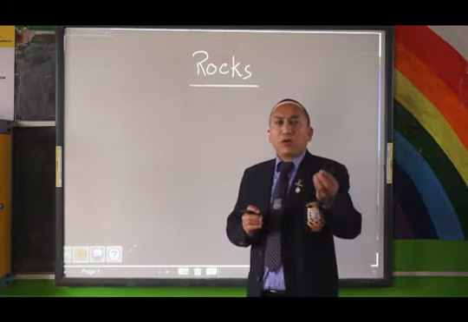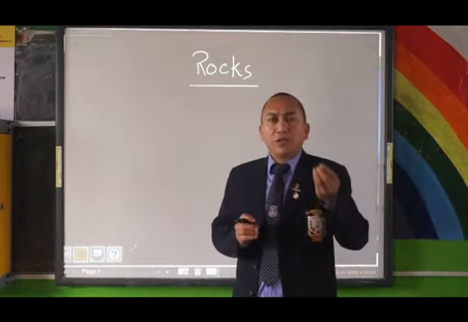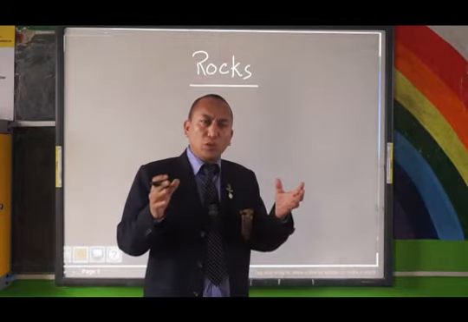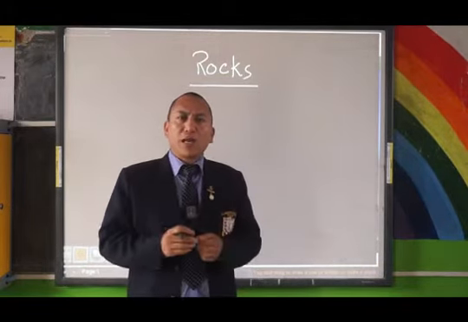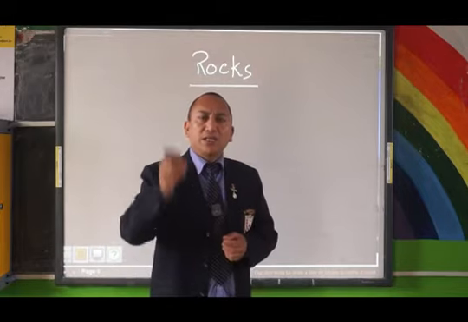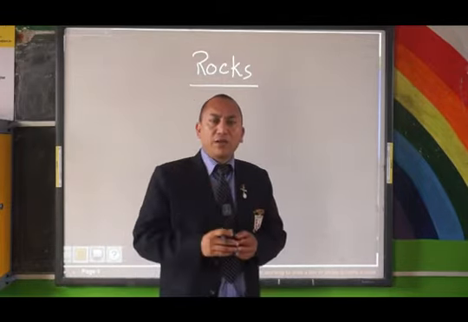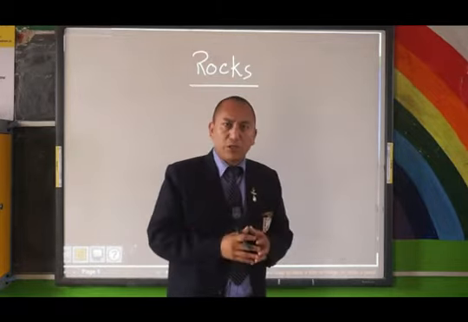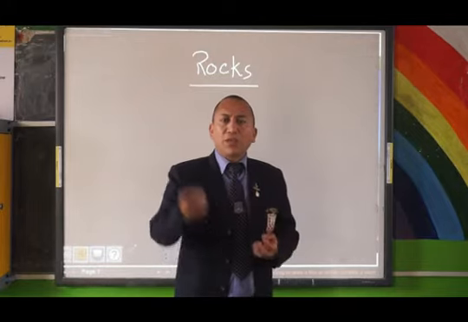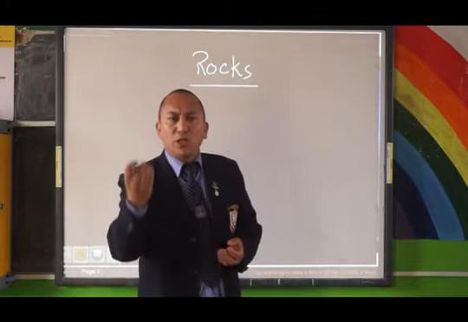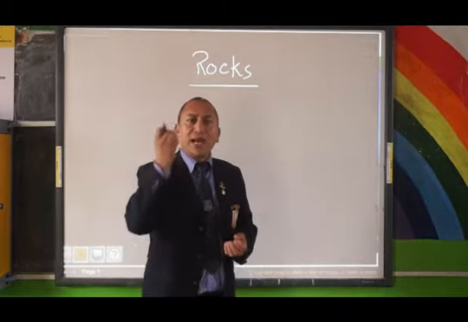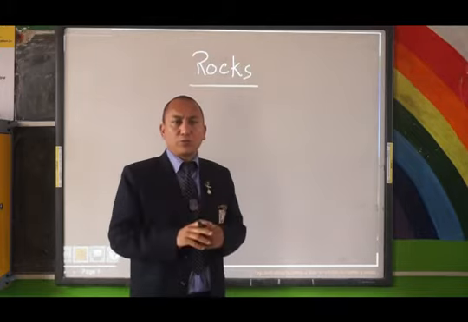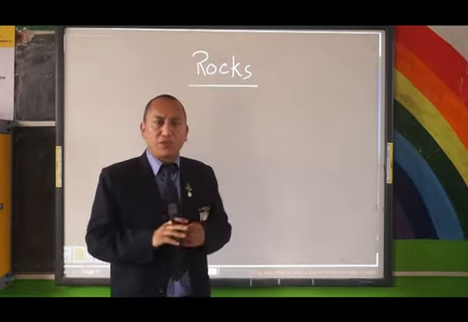The term rock refers not only to any hard, solid matter like granite, but it's also very soft and loose particles like sand, silt and clay. That means rocks are not only very huge boulders or solid matters like granite, but they are also very small and loose particles like sand, silt and clay. So these are the ways in which rocks are found on the surface of the earth.